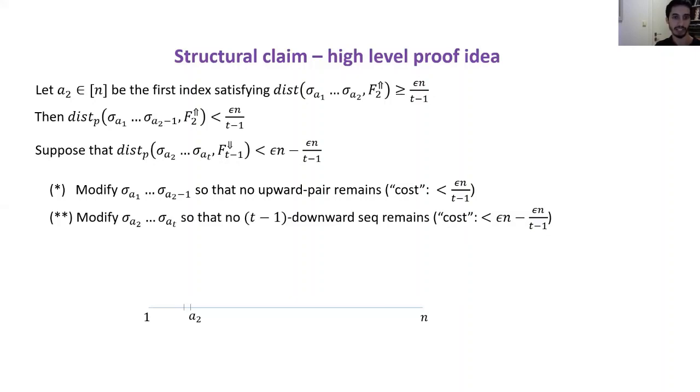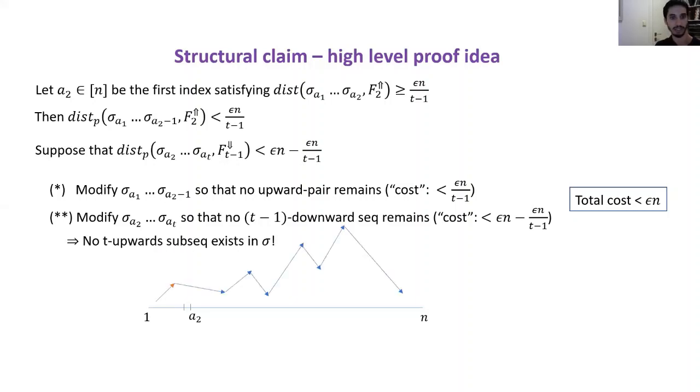Next, we can modify the rest of the sequence, sigma A2 to sigma AT, so that no t minus 1 downward sequence remains in it. And by our assumption, we know that we can do this by modifying less than epsilon n minus epsilon n over t minus 1 symbols. So the total number of modifications we did was less than epsilon n.